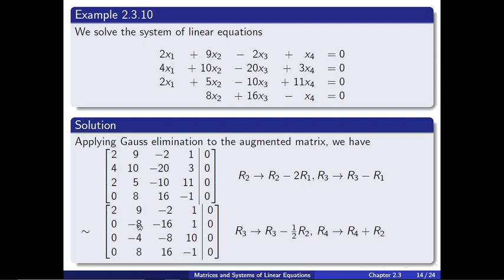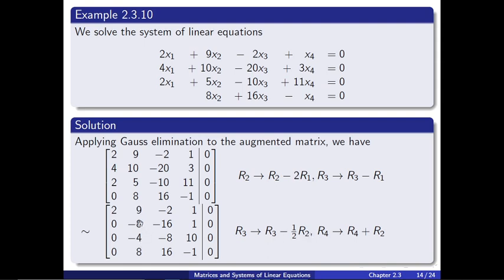So if we look at the next diagonal entry there, it's a non-zero. So we want to make whatever is below it a 0. So what kind of row operations do we need? Here we would want to say minus 4 plus 4. So for us to get a plus 4 there, we have to say minus half of minus 8, right, to get plus 4. So in other words, we can say R3 minus half R2, right?